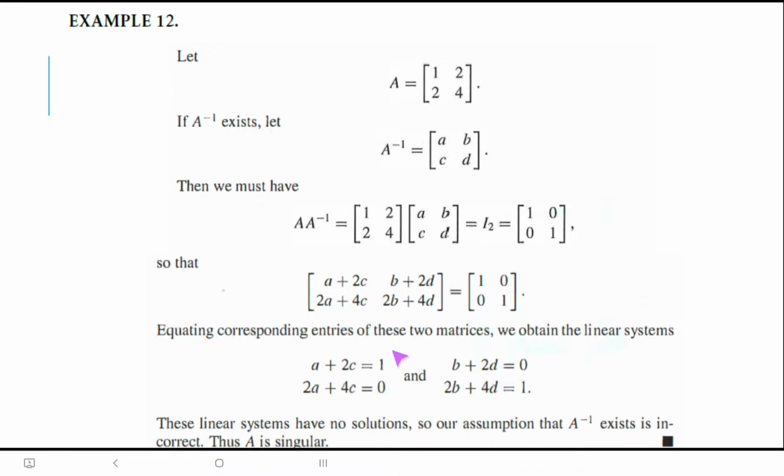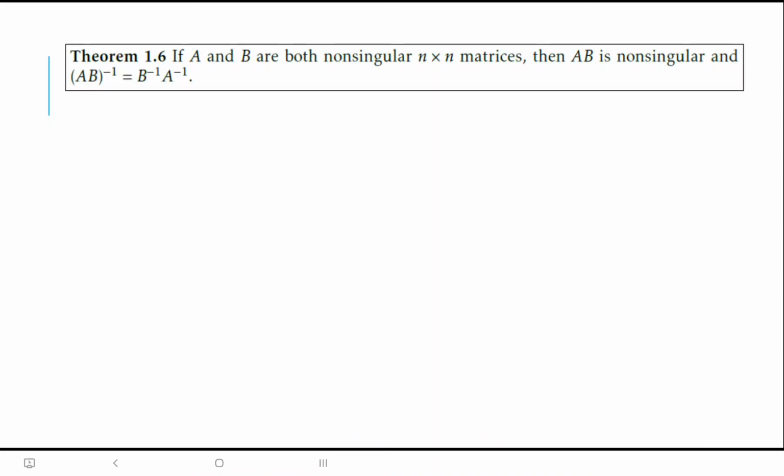So, from here, isosolve nyo. So, since wala daw siyang solution, itong system of 4 linear equations na to, we can conclude that wala siyang inverse. Okay, therefore A is singular.